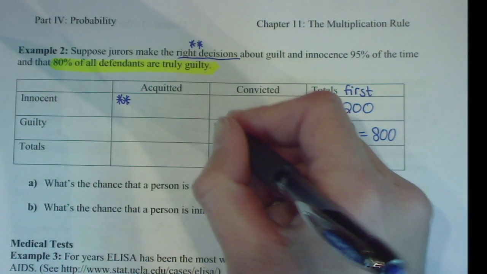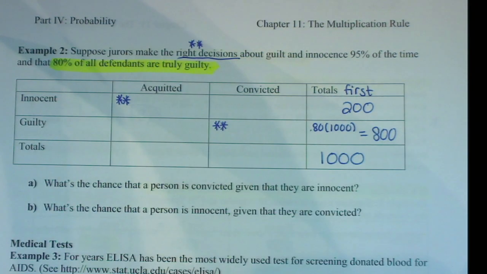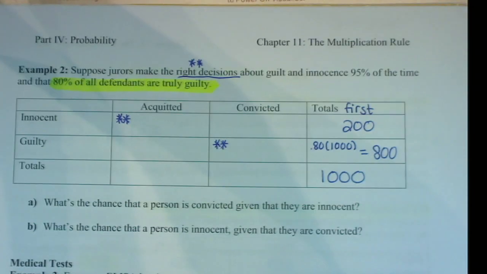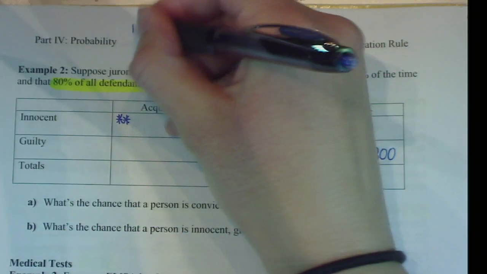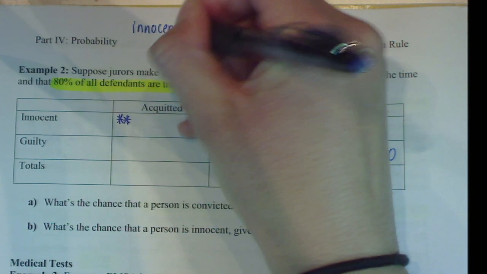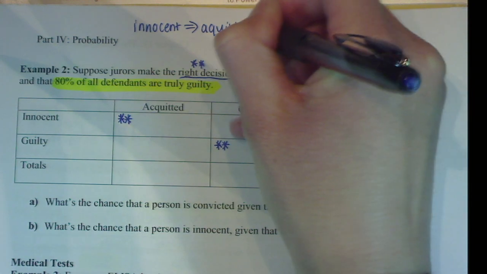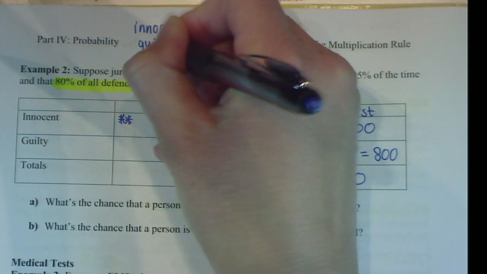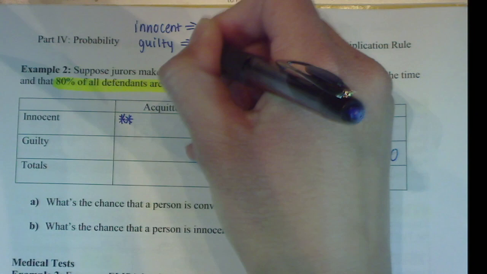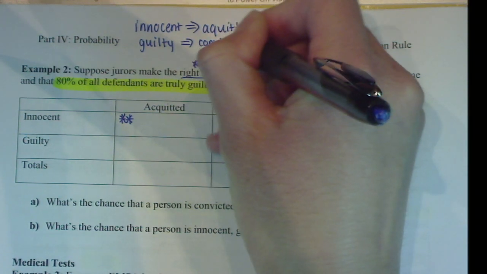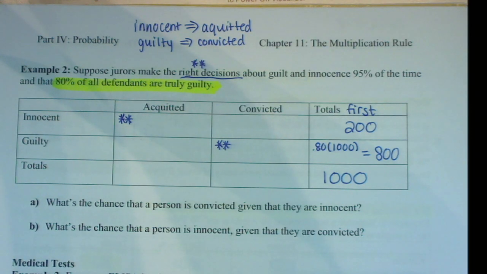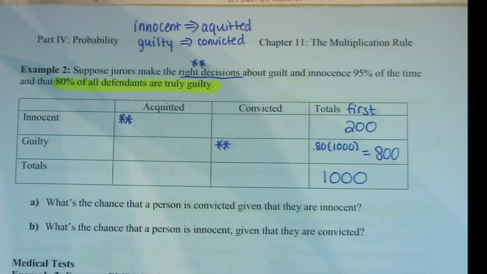The right decision for guilty people is that they should be convicted if they're guilty, right? So make sure to know that for the homework, that the right decisions, the innocent people should be correctly acquitted, and then the guilty people, those people should be convicted.